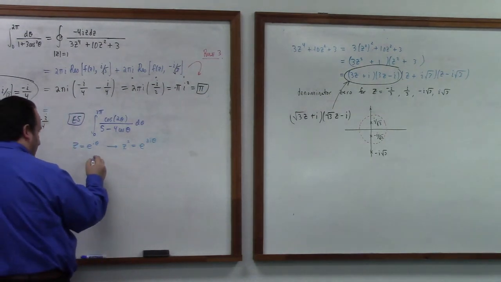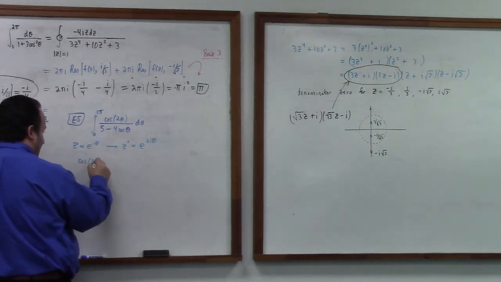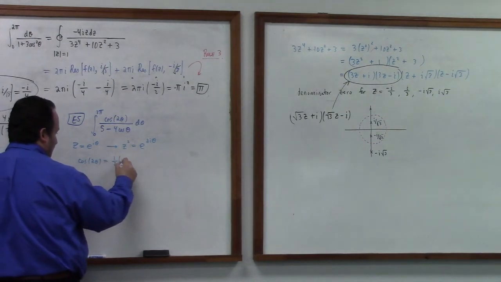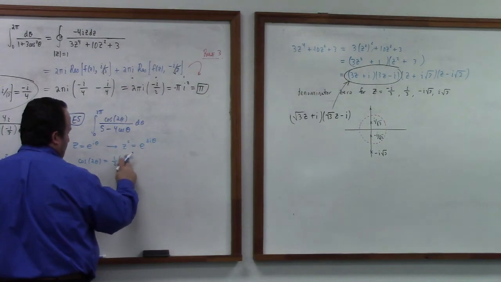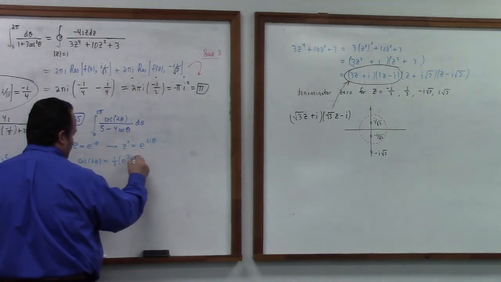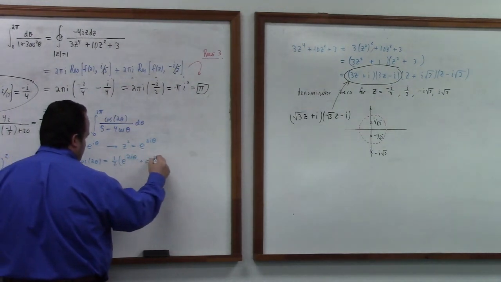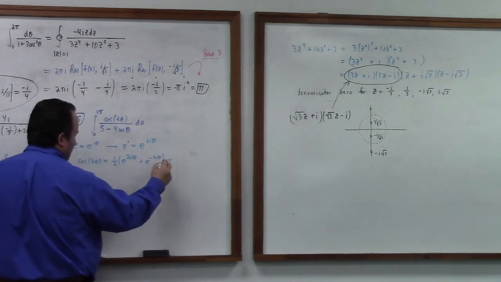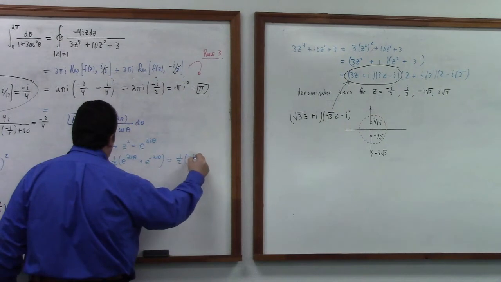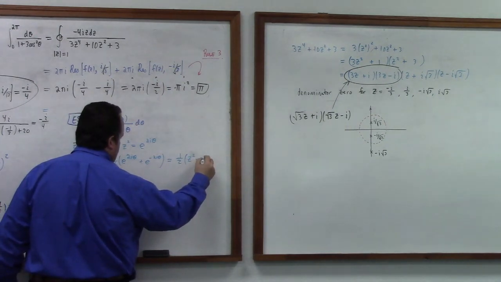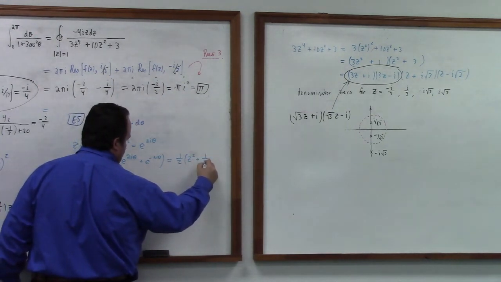And so cosine 2 theta is 1/2 of e to the 2i theta plus e to the minus 2i theta, which here is 1/2 of z squared plus 1 over z squared, yeah?